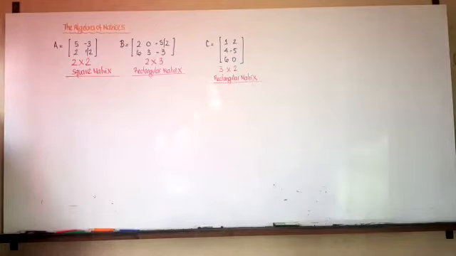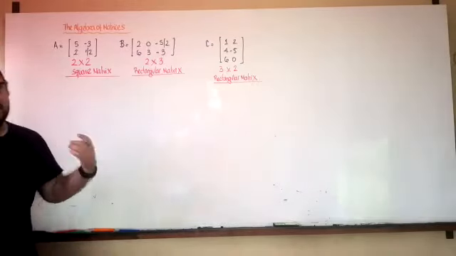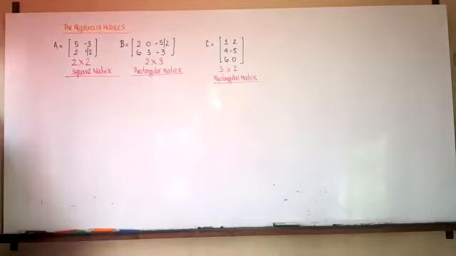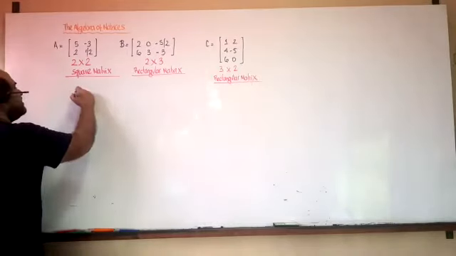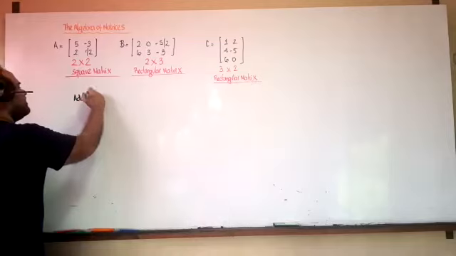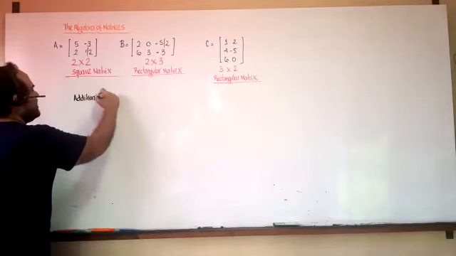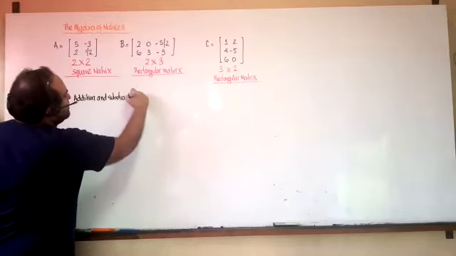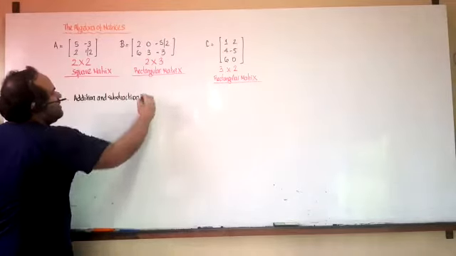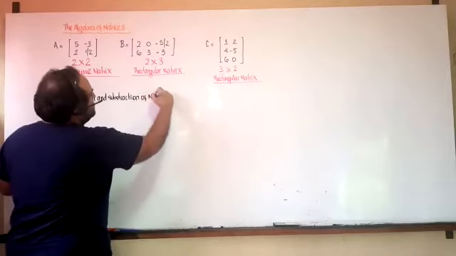Okay, what are we going to learn? Well, for the first unit in matrices, we're going to learn how to add, subtract, and multiply, at least for a while. But let me tell you one secret about the addition and subtraction of matrices.